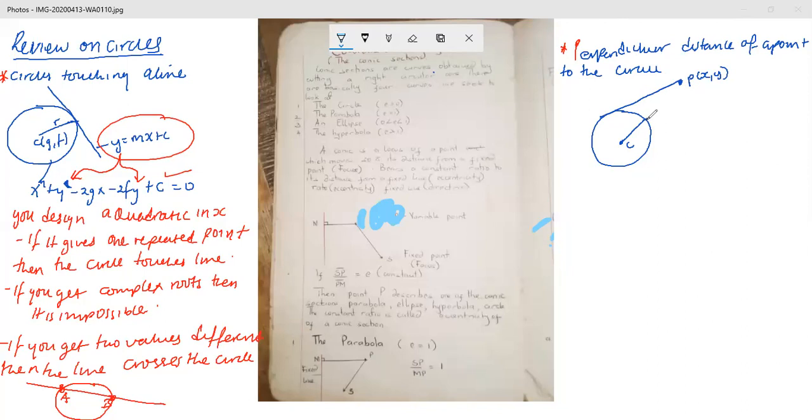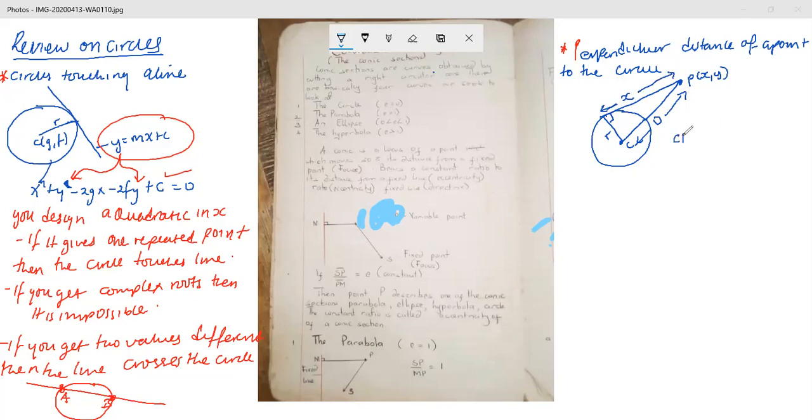Then I draw a line from the center to the point P. Then this tangent to the circle can be drawn back to the center to give this as the radius, then this one as a perpendicular distance. So if you're looking for the distance from the point to the center, then you can get the distance CP, and perhaps you can look for the distance x, whereby CP can be capital D. Then x can be small x.